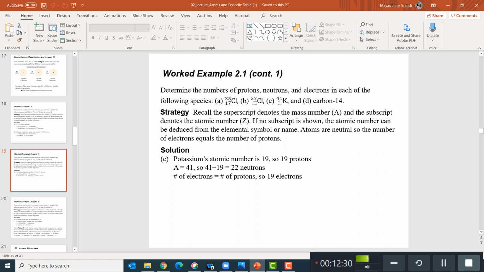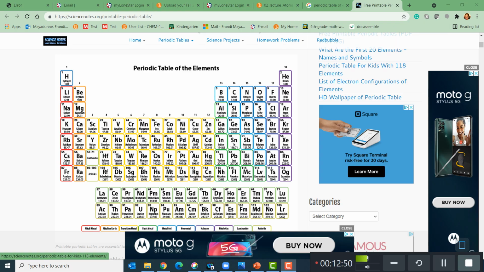And then you look at the last one, carbon-14. How many electrons, how many protons, how many neutrons? So take the periodic table and see. Let me get a periodic table really quick. Okay, so this is my periodic table. You look at carbon.